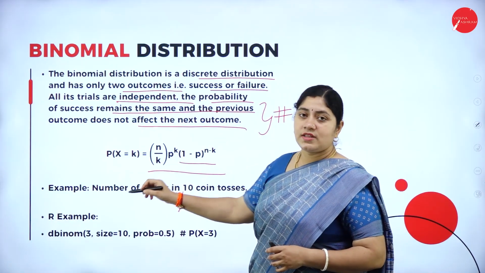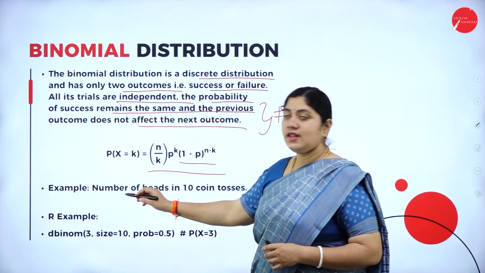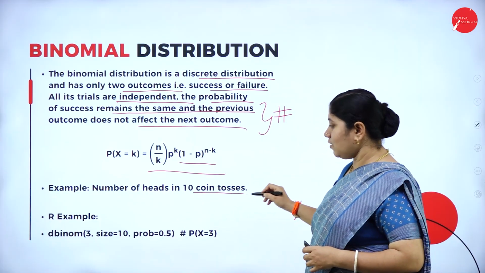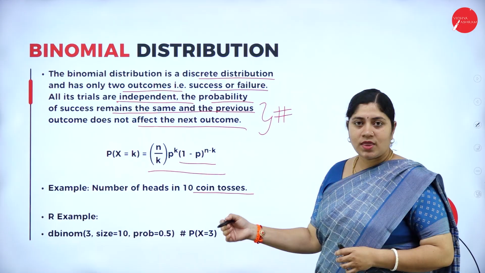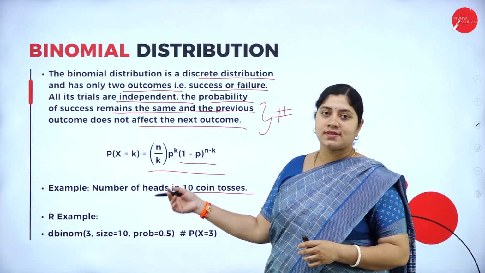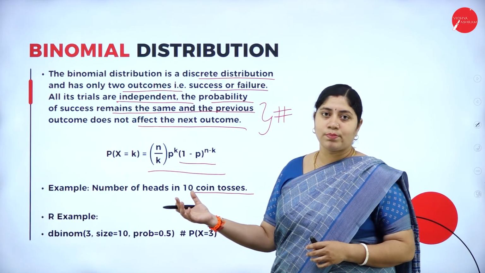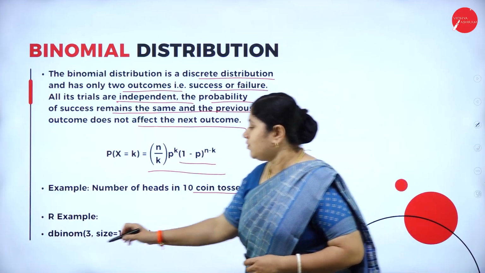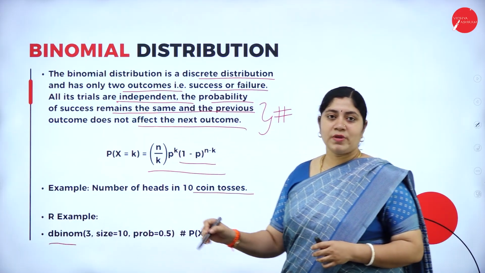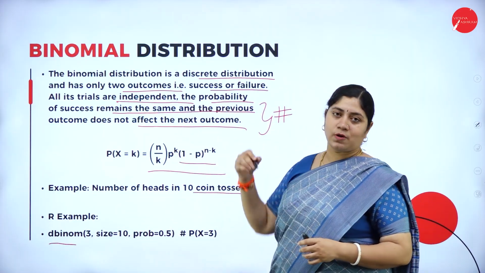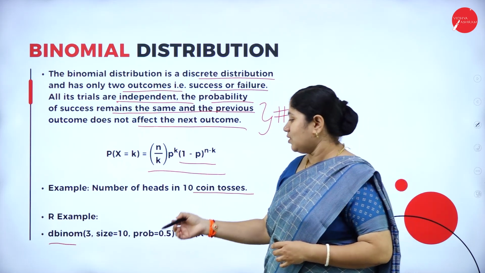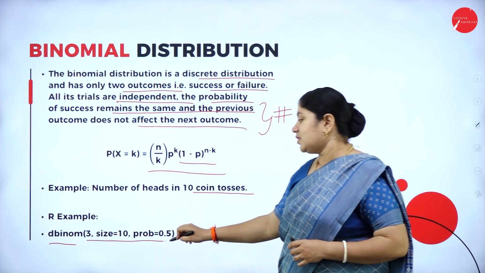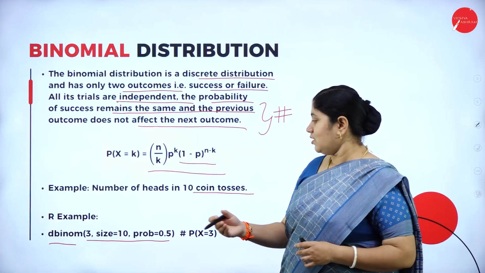So now let's see an example. What is that? The number of heads in 10 coin tosses. So for that we can write an example by using our programming keyword. We are again using dbinom because we know we are dealing with binomial distribution, right? So now let's see the size, that is 10. Why?